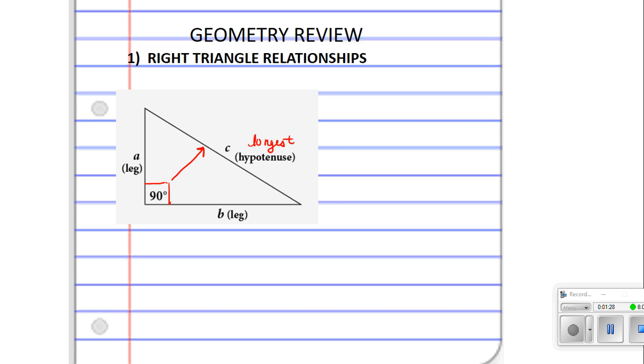We can use right triangles for many things. One thing you were able to do with right triangles is that if you were given two sides, you could find the third side. And how did we do that? We used what was called the Pythagorean theorem.